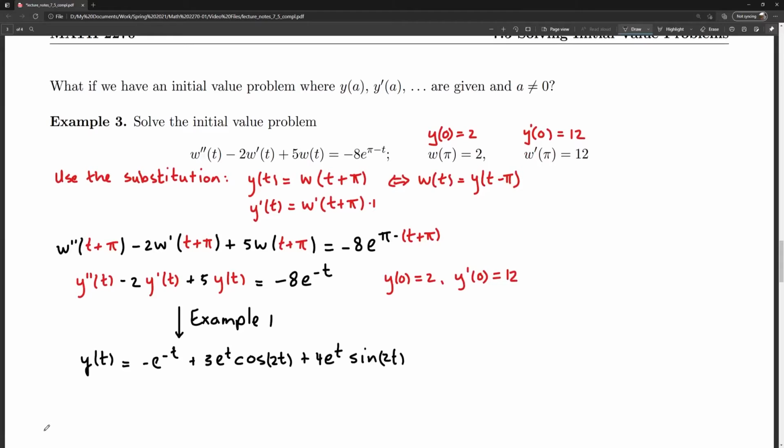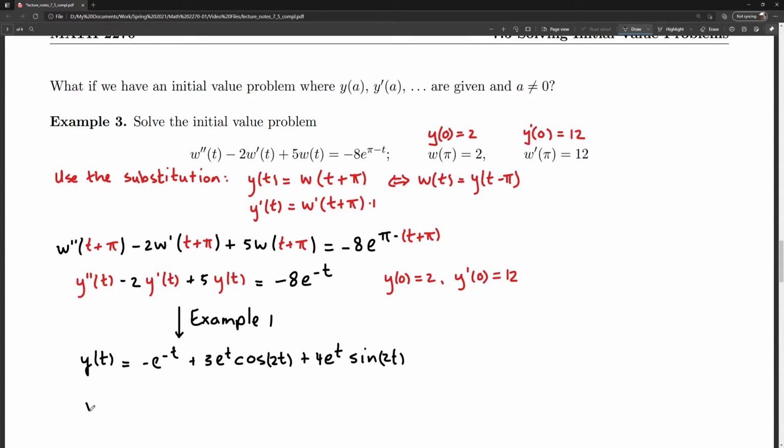So now when you have the solution for y, we're not quite done because we want a solution for w. So now we need to use the fact that w of t is y of t minus pi.